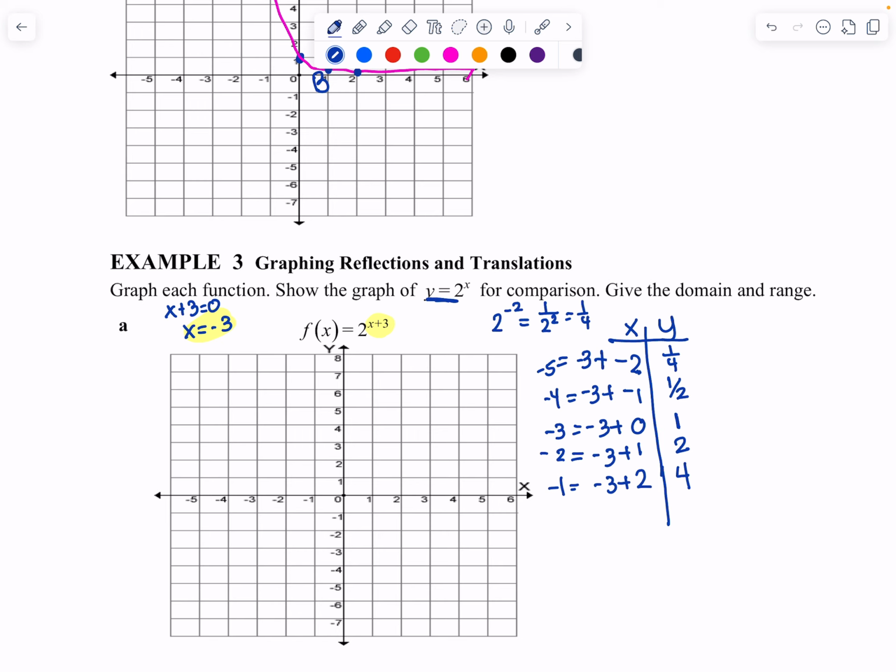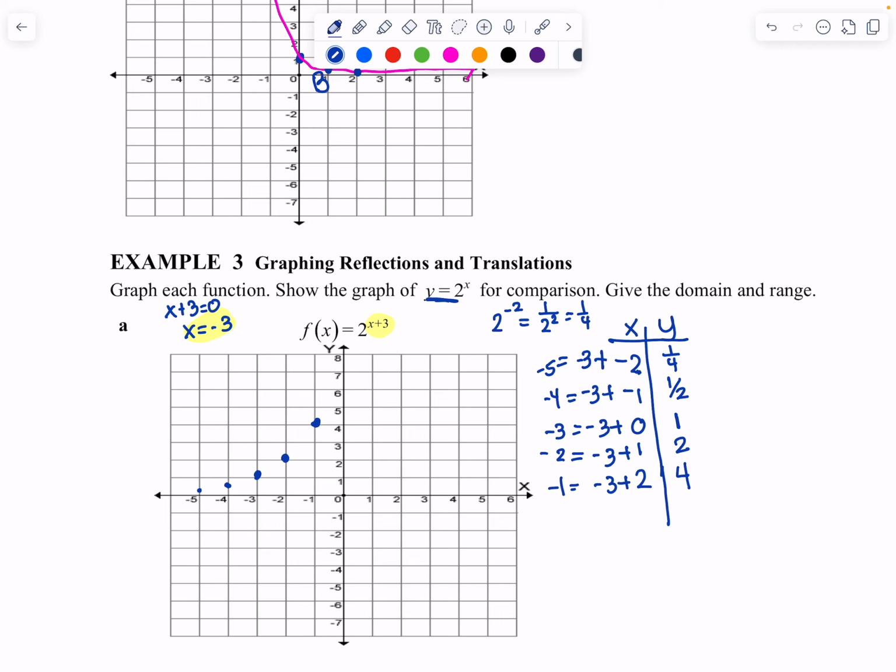Okay, so let's do it. -5, -1, and +1/4. So that'll be about, let's say about right there. Then we have -4, 1/2. That'll be about right there. And we have -3, 1, which is here. Right? And then what's the next thing? -2, 2. And -1, 4.